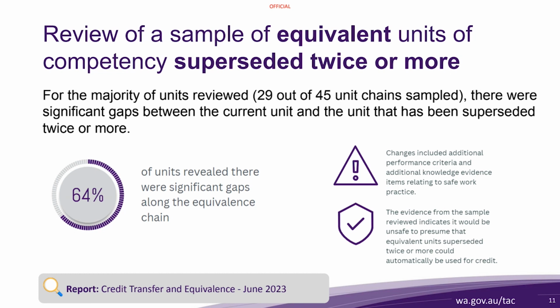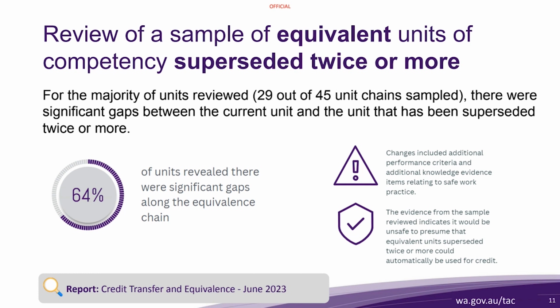And the sort of changes that we saw were particularly in terms of safe work practice and new technology. One would not be surprised to see new technology as a significant shift, but also new work practices and safety requirements and safety management of a safe working environment were significant differences between the old units and the new units.